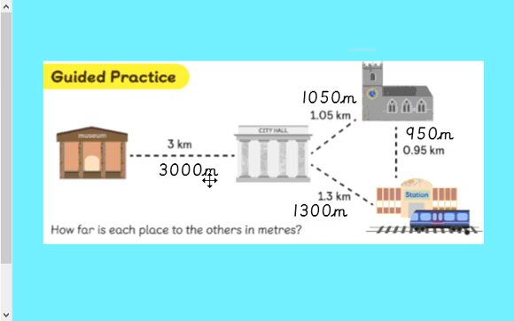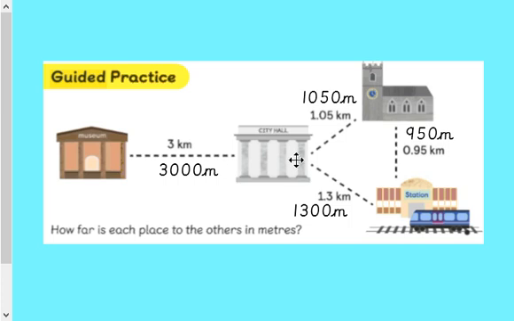Okay, so I'll go through the practice then. You can see that the distance between the museum and City Hall here is 3 kilometers. Well, nice and easy. In meters, 1 kilometer would be 1,000 meters, so 3 kilometers would be 3,000 meters.